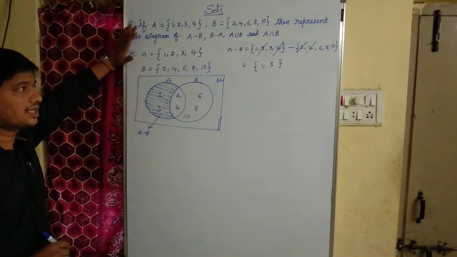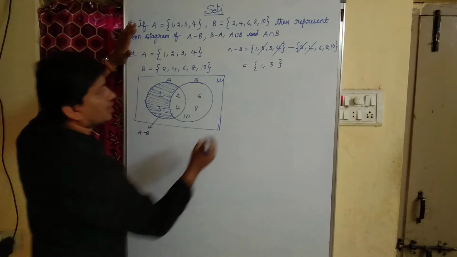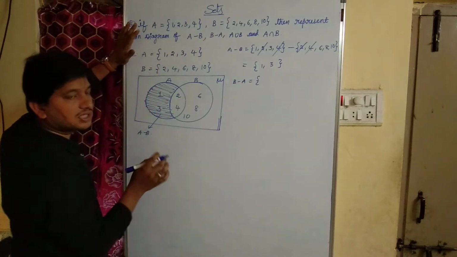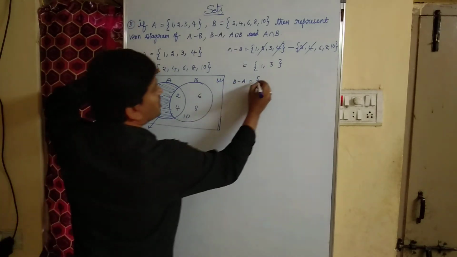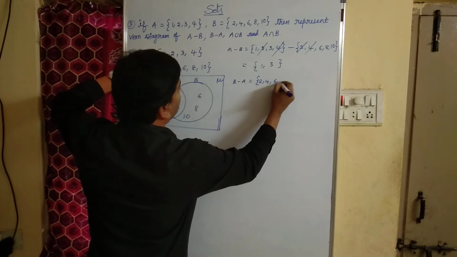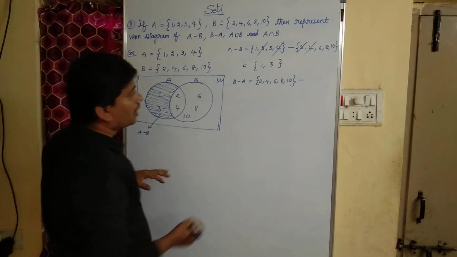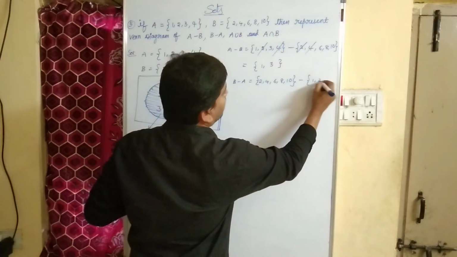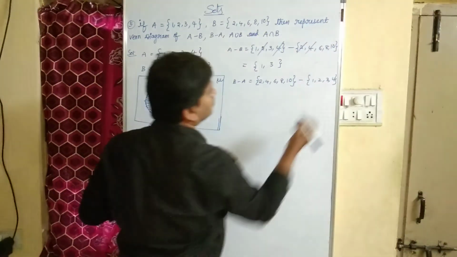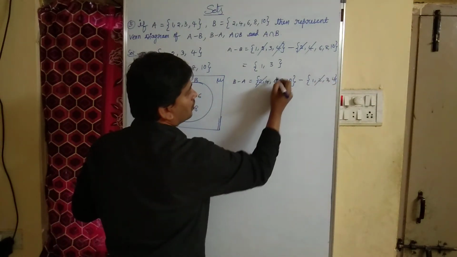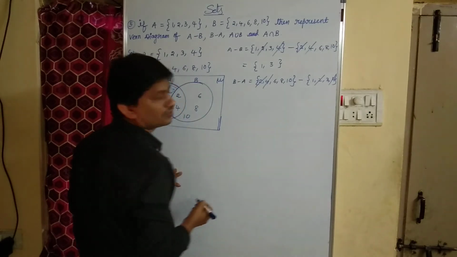Suppose B minus A. What do you mean by B minus A? B minus A means, what are the elements in B? Elements in B are 2, 4, 6, 8, 10, minus elements in set A, which are 1, 2, 3, 4. What are the common elements, children? 2, 2, 4, 4.